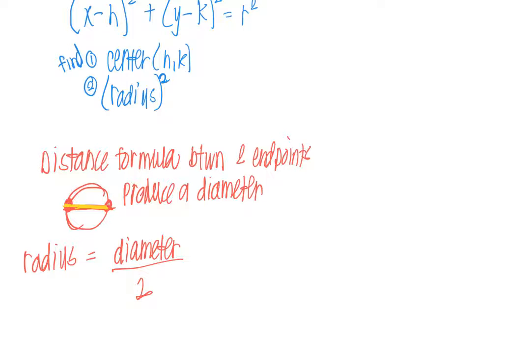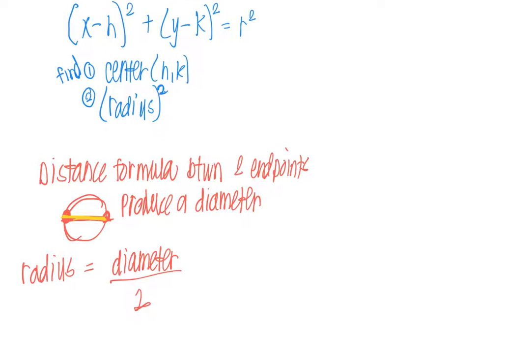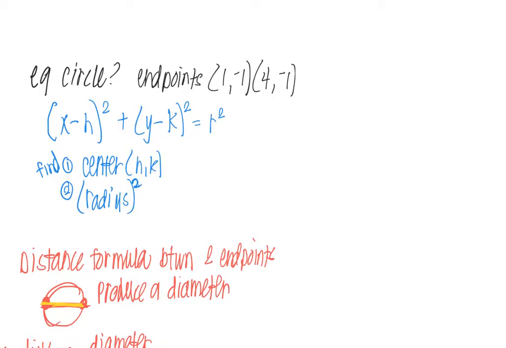Okay? We good so far? So for instance, if that yellow line right there that I drew, if the diameter were 10, what would the radius be? 5. Yeah. Okay, but let's look at the equation of a circle one more time. Does that say equals r? Or does that say something a little bit different? r squared.